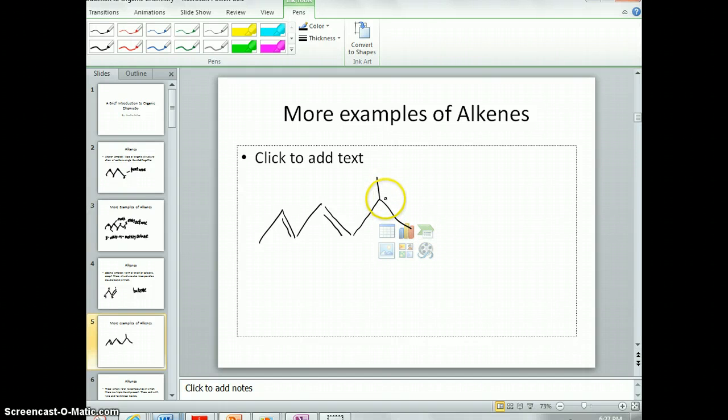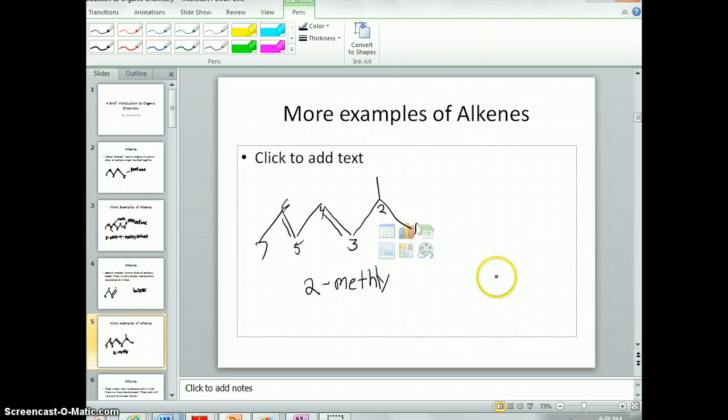So that's going to be 2, and that's just a methyl. Counting 1, 2, 3, 4, 5, 6, 7, our longest chain is 7.